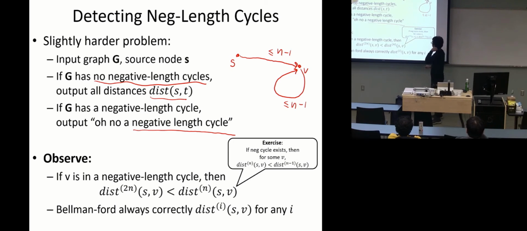So suppose that you use at most n hops from s to v. You're going to end up at v using at most n hops. But if I allow another n hops in addition to that, what you can do is always loop through this negative cycle once more. You might loop through it many times because the negative cycle might have fewer hops. But if I allow n more hops, you can loop through this negative cycle again for sure.